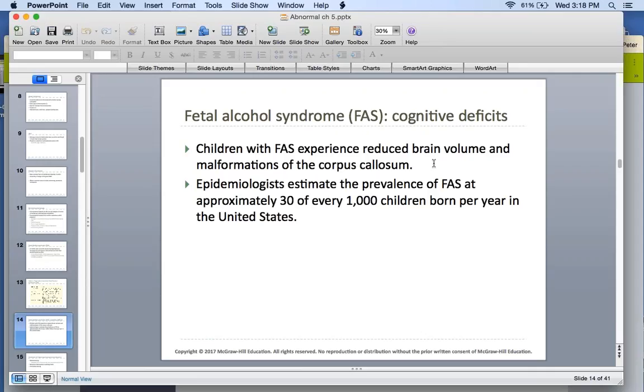If you remember from our last lecture, that's the place in the brain that sends information back and forth from the hemispheres. Epidemiologists estimate that the prevalence is about 30 children for every 1,000 children born per year. In my opinion, that is too many for something that is preventable.